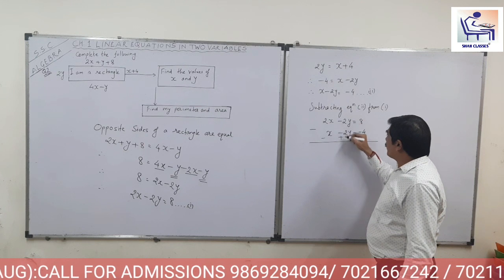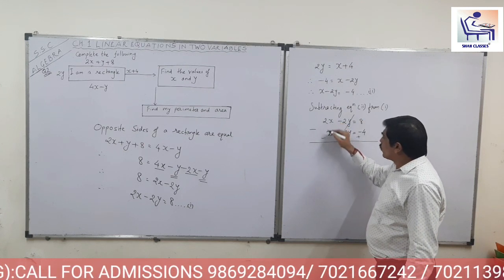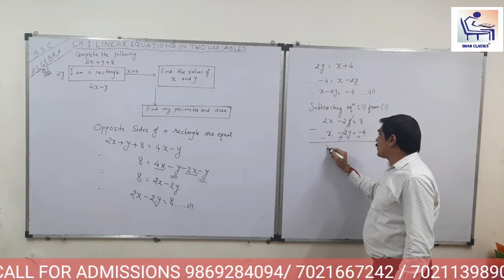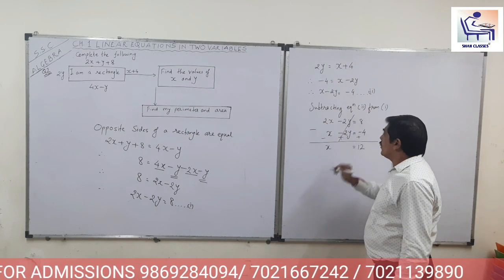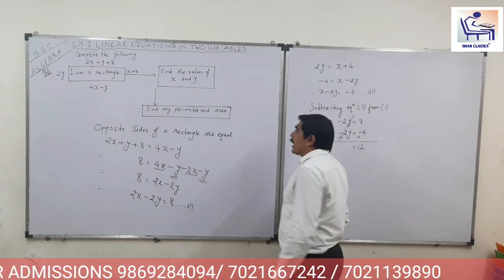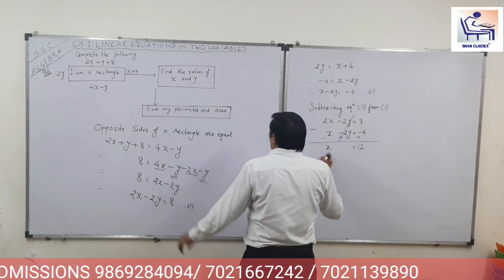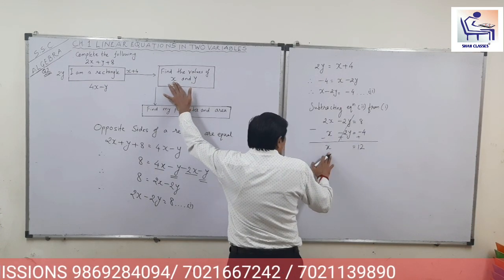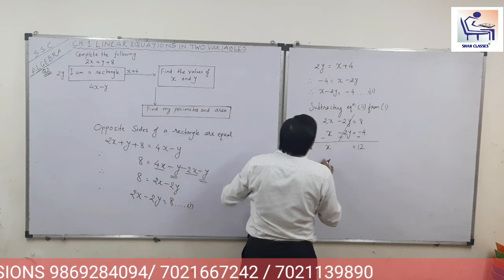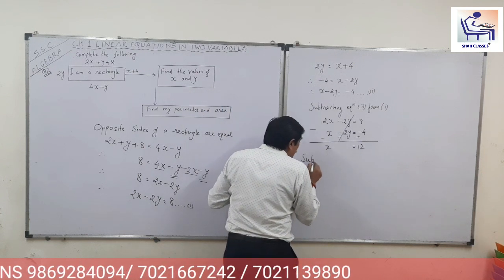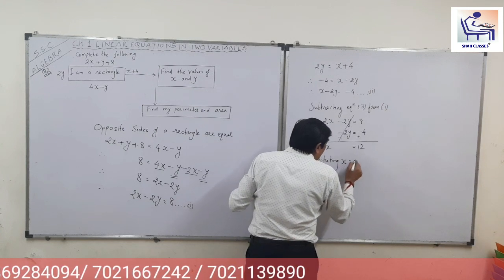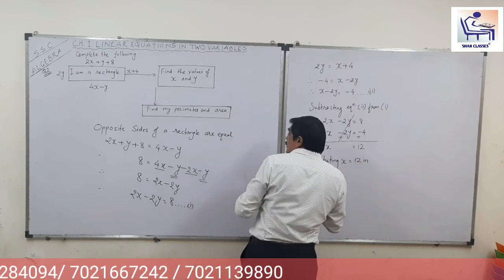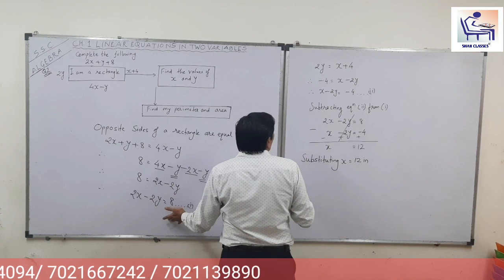Minus 2y plus 2y cancel. 2x minus 1x is x, and 8 plus 4 is 12. So here we got the value of x as 12. First target is over. Now we have to find out the value of y. So substitute x is equal to 12 in equation first or second.